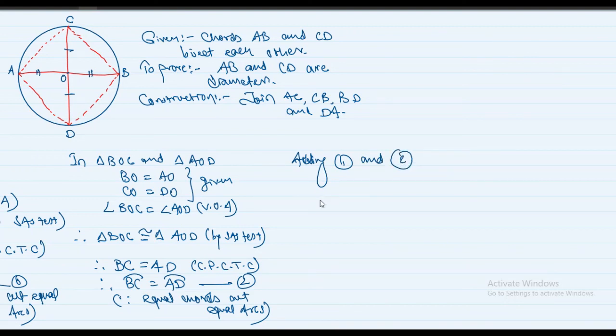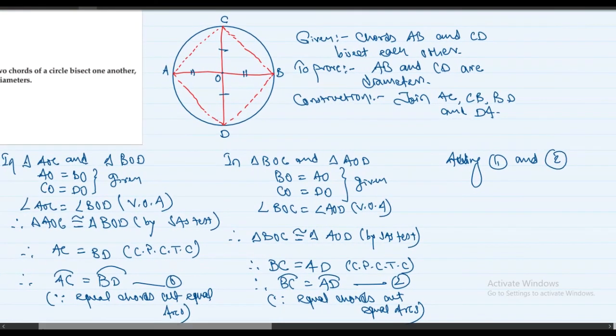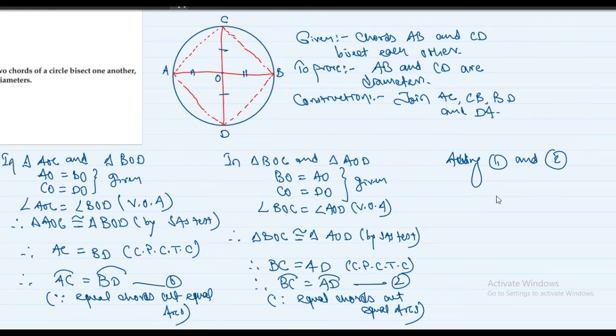So equation 1 was arc AC is equal to arc BD. Equation 2 was arc BC is equal to arc AD. Let's add them. So arc AC plus arc BC is equal to arc BD plus arc AD. AC plus BC is arc AB, and BD plus AD is arc AB.